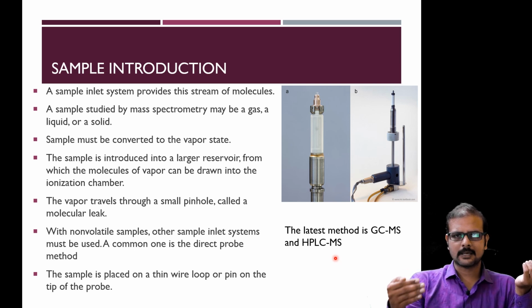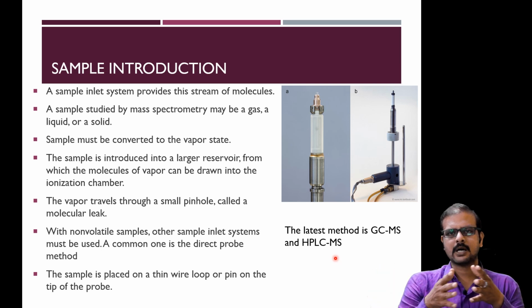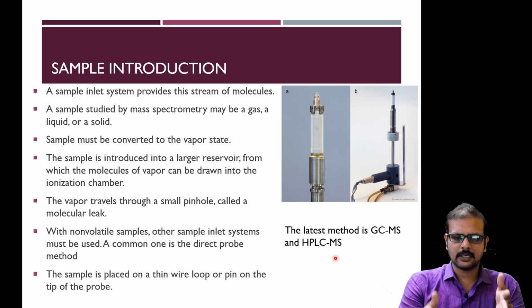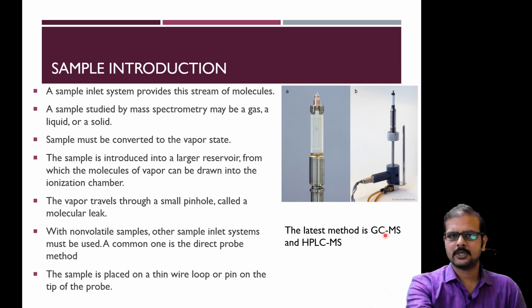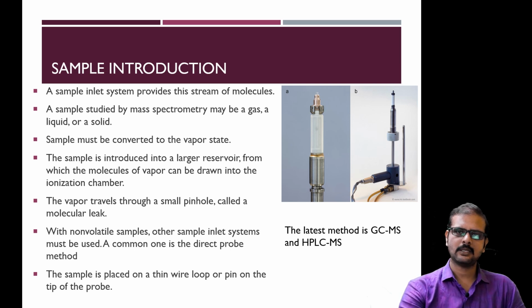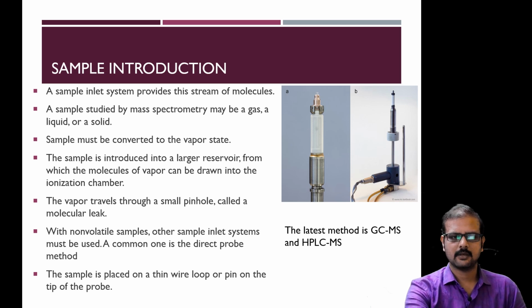So both separation and detection of the molecules can be done using this technique: chromatography linked with the mass spectroscopy. The same thing applies to HPLC. HPLC will separate the molecules individually and then send them into the mass spectroscopy. These are the modern techniques.